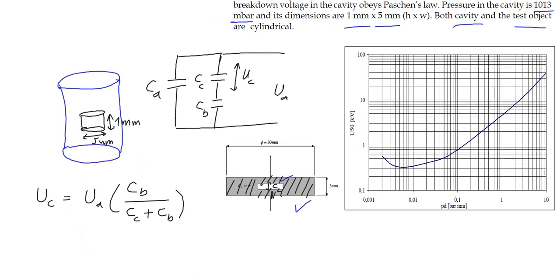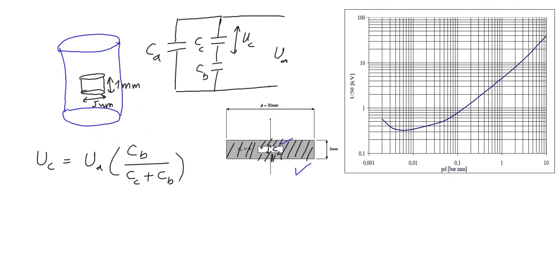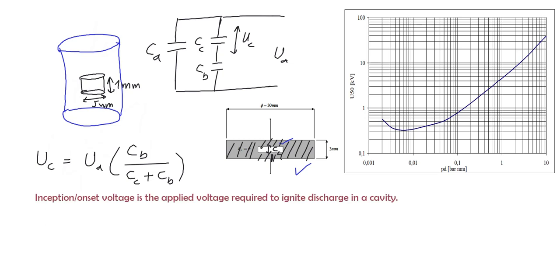Now, what are we required to determine? We are required to determine the inception or onset voltage. By definition, inception or onset voltage is the applied voltage required to ignite the discharge in a cavity, to break down the cavity.